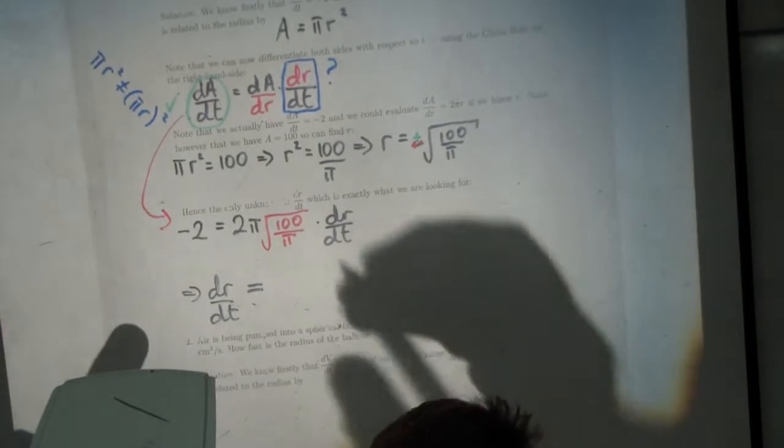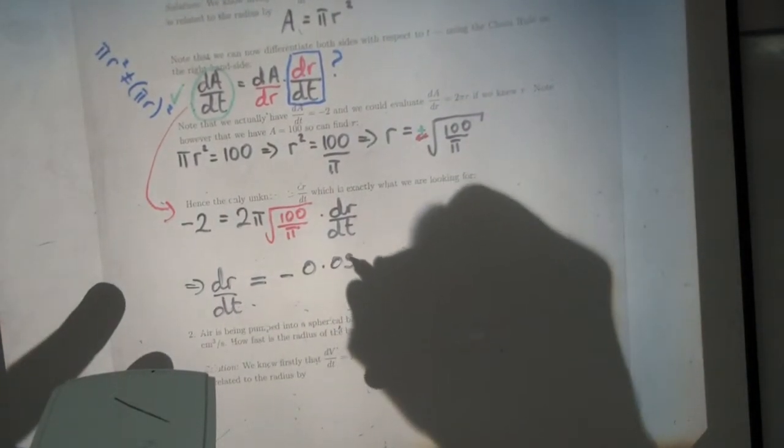I get 2 divided by 2 pi by square root of 100 over pi. I'll take 4 significant figures, and it is minus 0.05642.